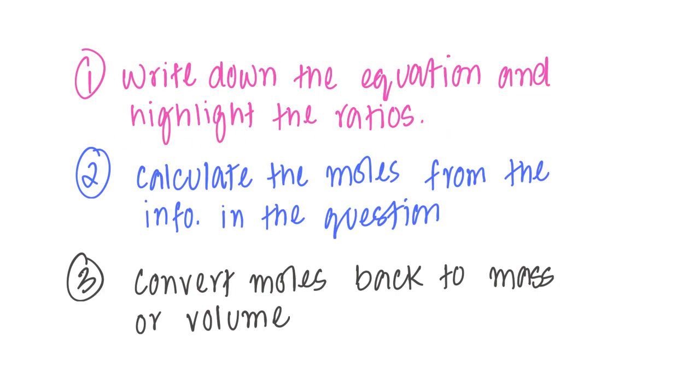Once this is done, once you're clear, highlight what the question is asking. What's the information given? Is it given for a reactant or for a product? What is it trying to ask, right? Once you know that, calculate the moles from the information given in the question. So if the reactant is given in mass, figure out its moles, right? That's step 2.